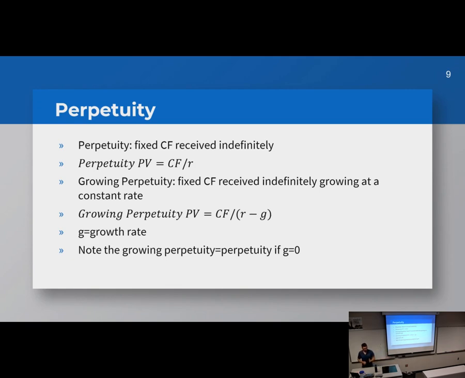Kind of. So when someone purchases a perpetuity, they might have options for how much the cash flow is going to grow. Usually what they want the cash flow to grow by is the expected inflation rate. So it's basically going to maintain the real purchasing power of the money that you're receiving from this investment.